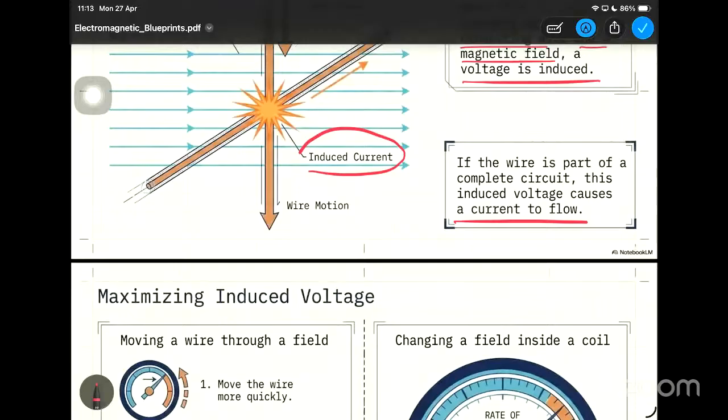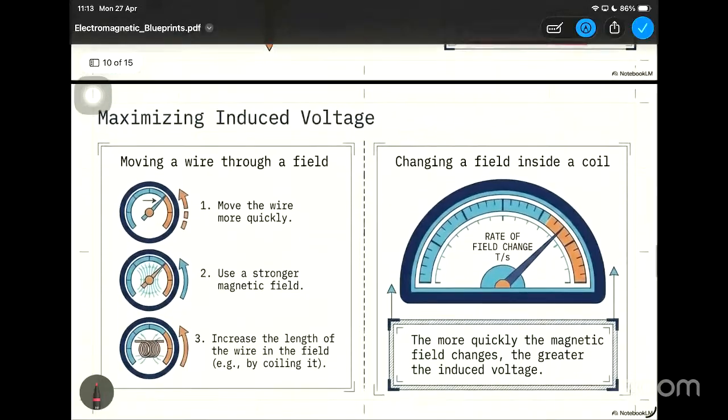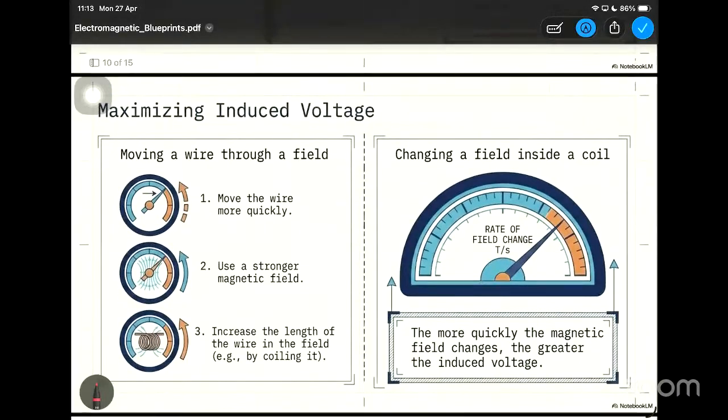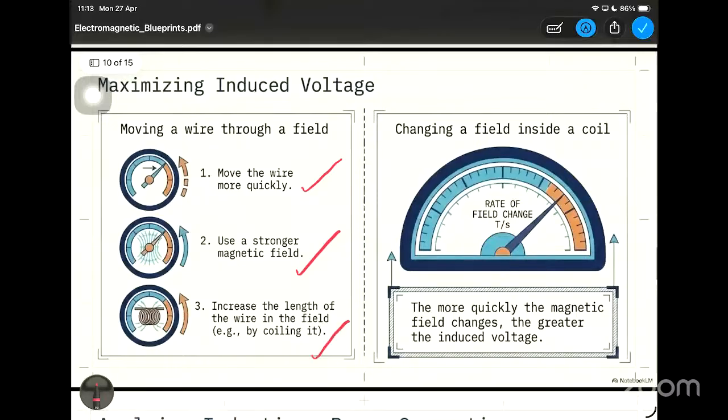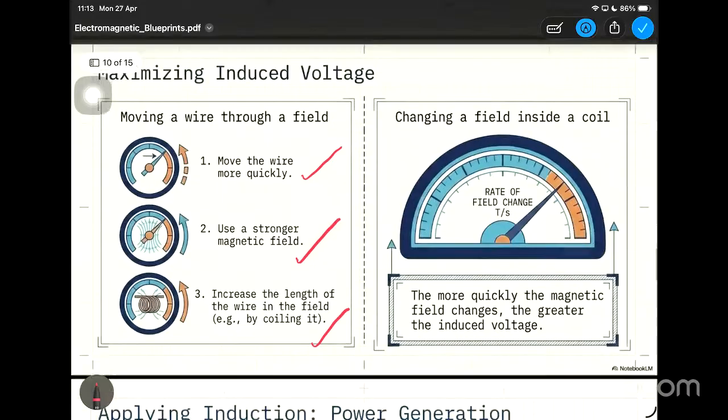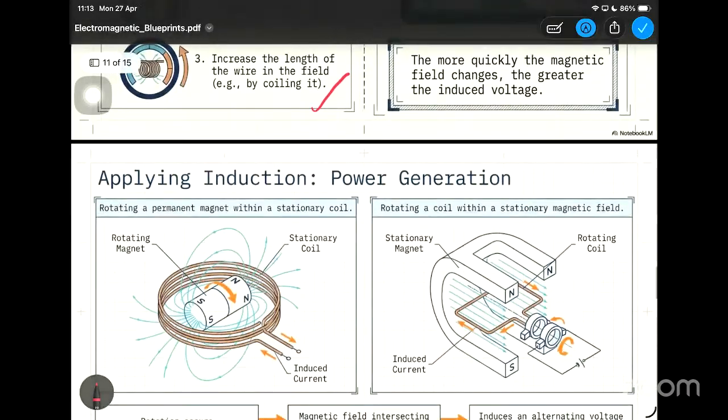Then how to maximize the induced voltage? The wire can be moved very quickly, having a higher speed, and we can use a stronger magnetic field, and also we can increase the length by having a coiled wire, right? So these are some small stuff that you can remember.